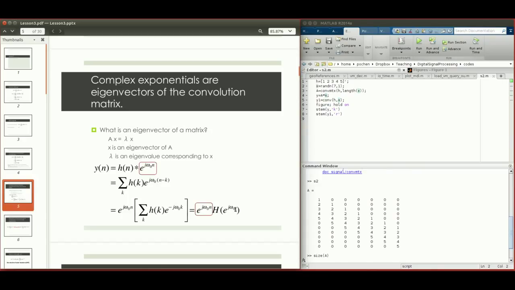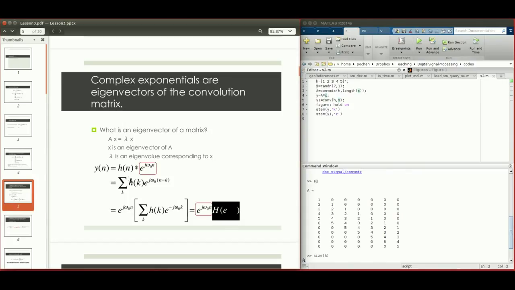You can pick any omega 0. e is a constant and j is the imaginary unit, so you don't really have to care about e and j. As long as you have selected a value, this is just a number. It could be a complex number, but nevertheless it's a scalar.